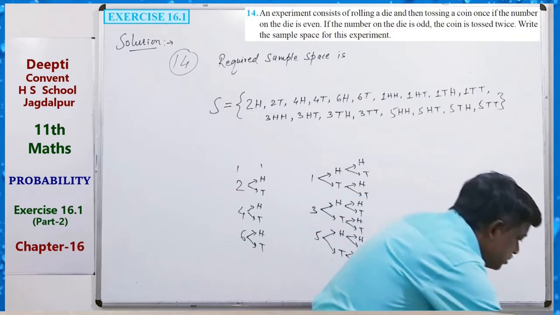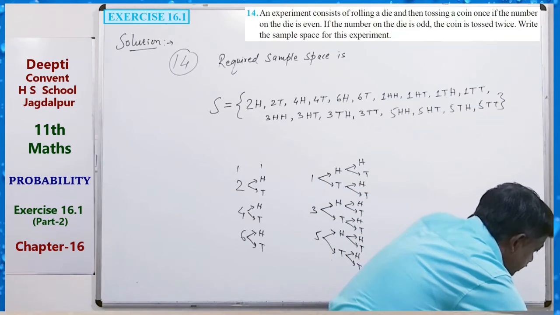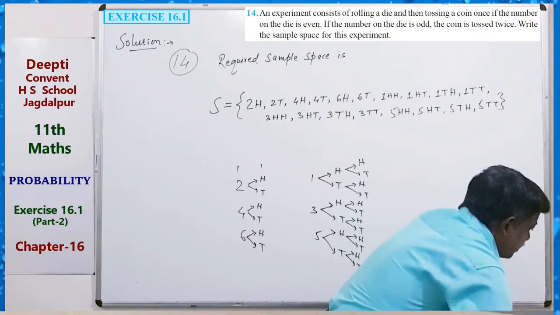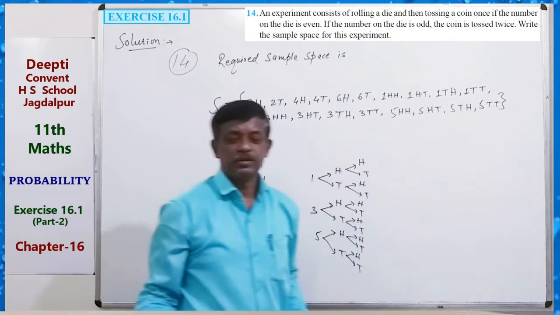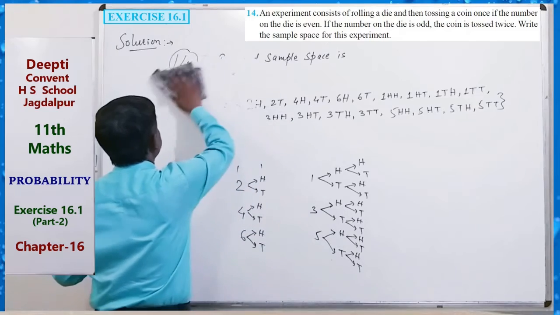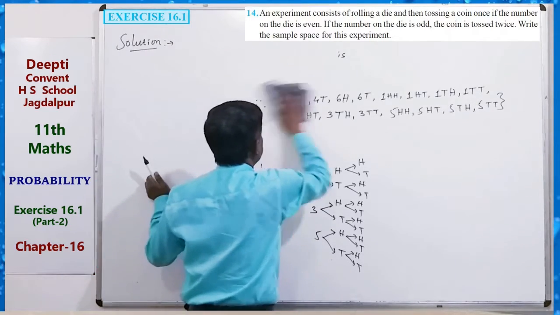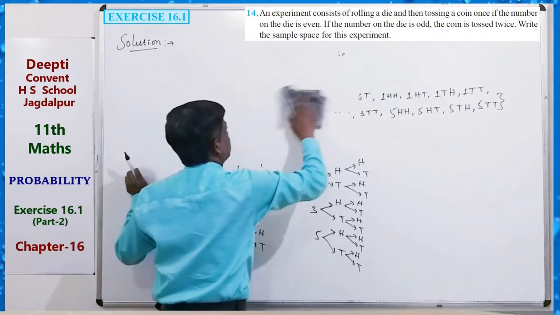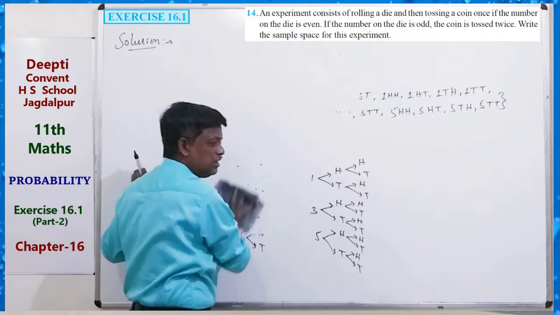Now question 15, for writing the sample space. A coin is tossed.